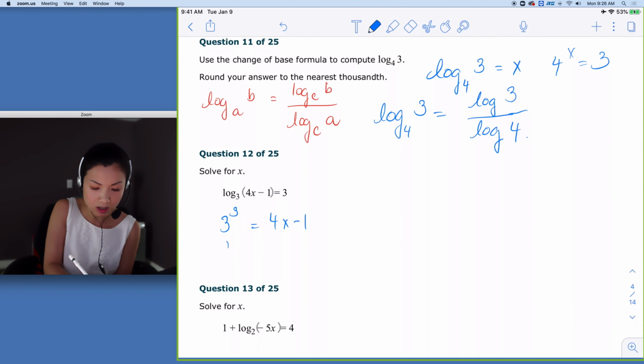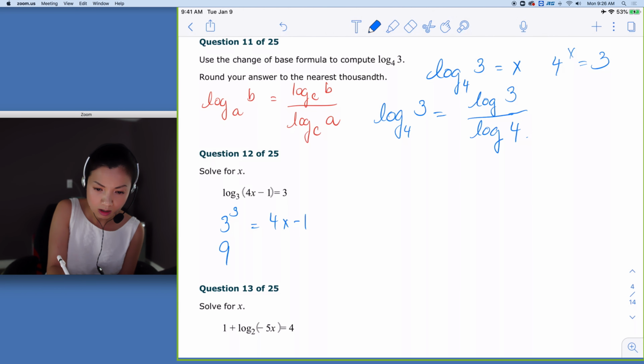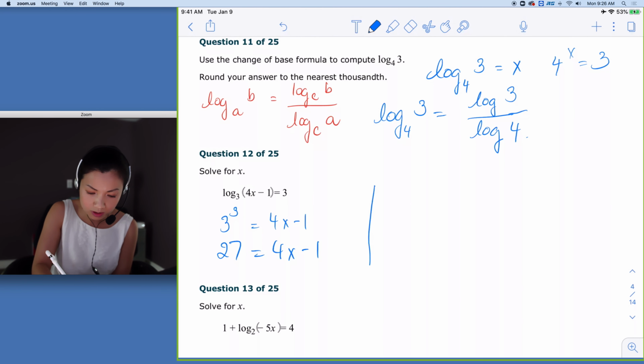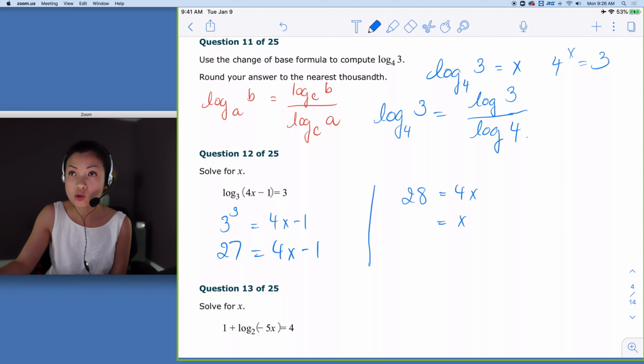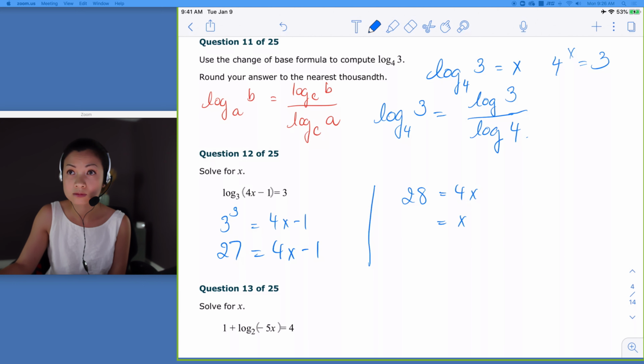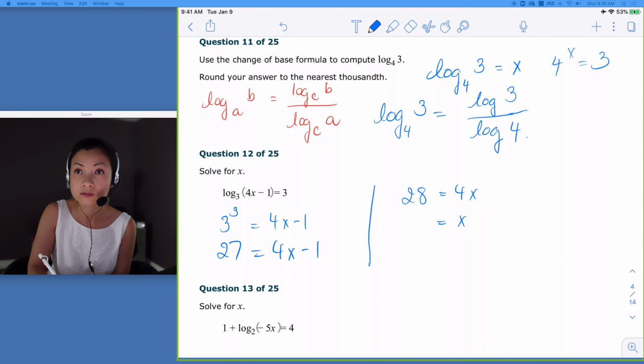And from here, you can just simply solve it. So I have 27 equals 4x minus 1. Add 1 over, I'm going to get 28 equals 4x. So x is going to be 28 divided by 4, which is 7.